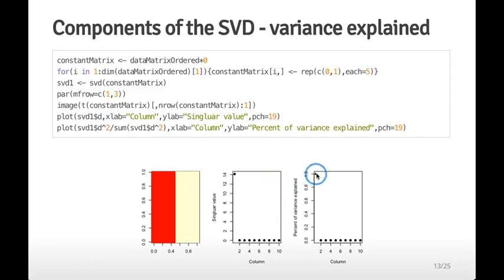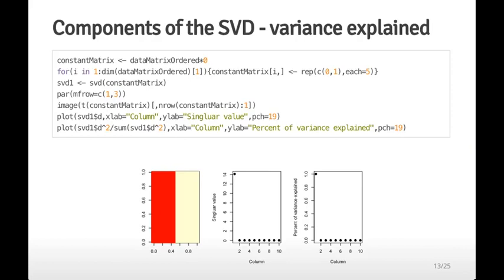It turns out that that explains 100% of the variance in this matrix. The reason why is, if I take only the first right singular vector and first left singular vector and multiply them together, I can reproduce this matrix exactly. So all of the variation in this matrix is explained by exactly one pattern.